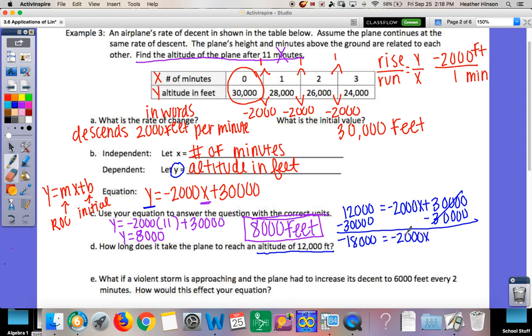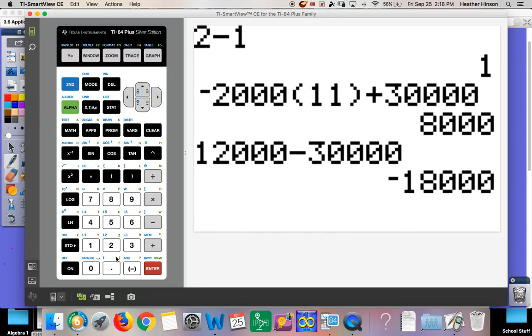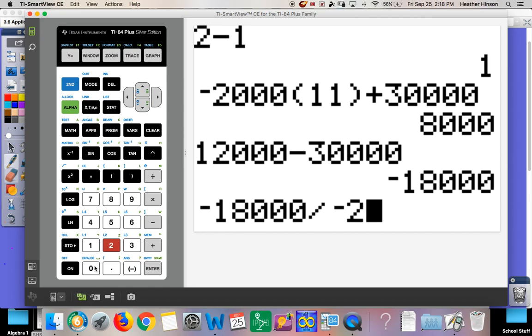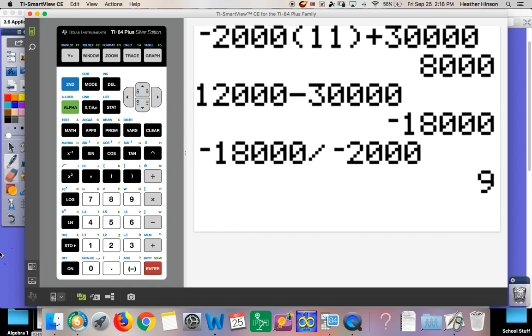Okay, then we have negative 2,000x, that's multiplication, negative 2,000 times x. So to get rid of it, we divide. We do the opposite. So x equals negative 18,000 divided by negative 2,000 is 9.